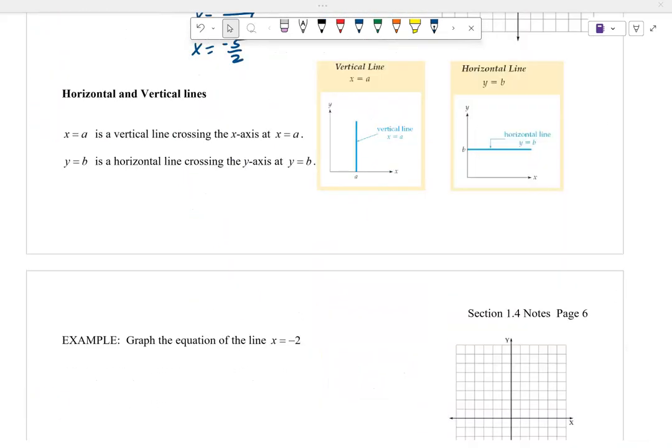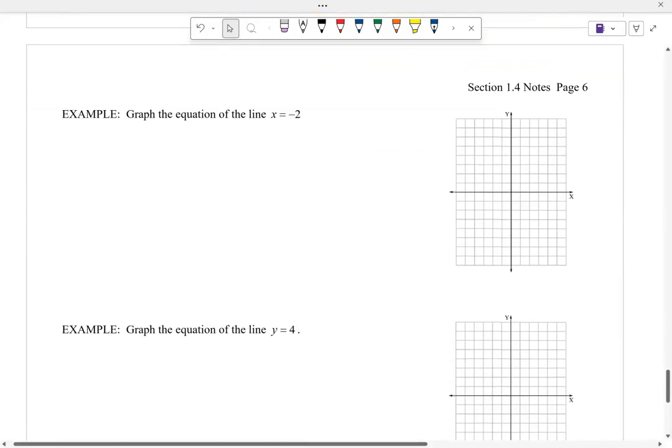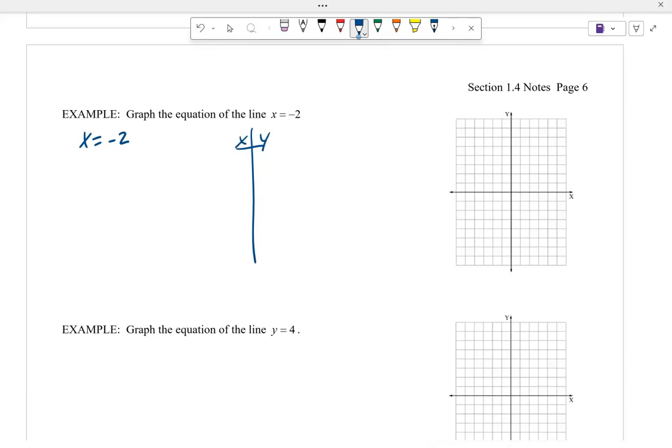Well, vertical lines will always be of the form x equaling a constant, and horizontal lines will always be of the form y equals a constant. The way I like to remember this, if you have a hard time remembering that, if x is always negative 2, like let's say you made a table of values, and you know there's no y's here, right? You just know x is always negative 2. It doesn't matter what your y is. You could pick your y's to be whatever you want.